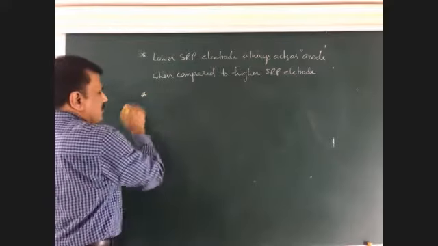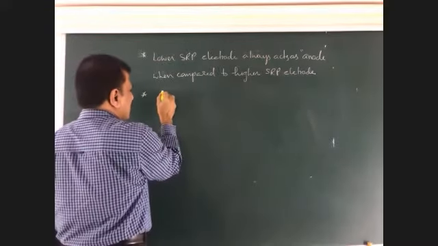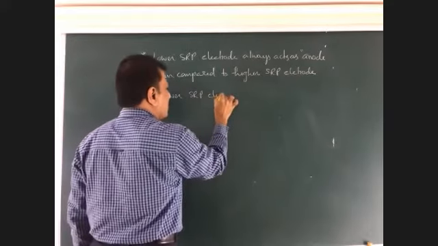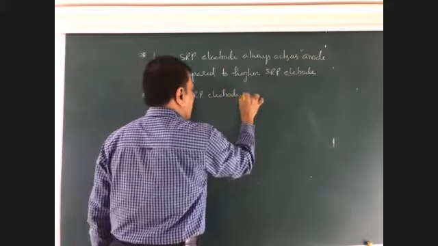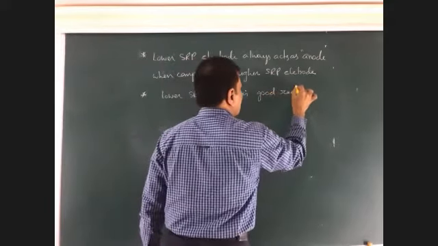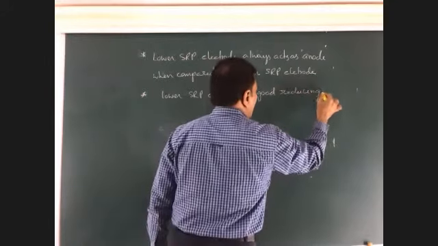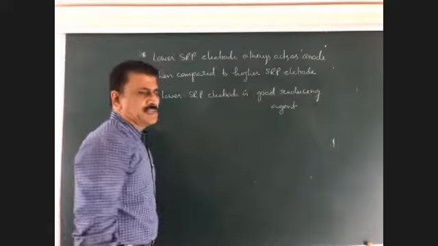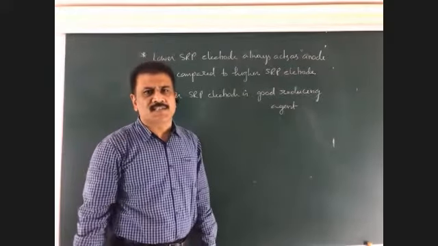And another important point is, lower SRP electrode is a good reducing agent. Good reducing agent. That means higher SRP is not a good reducing agent.